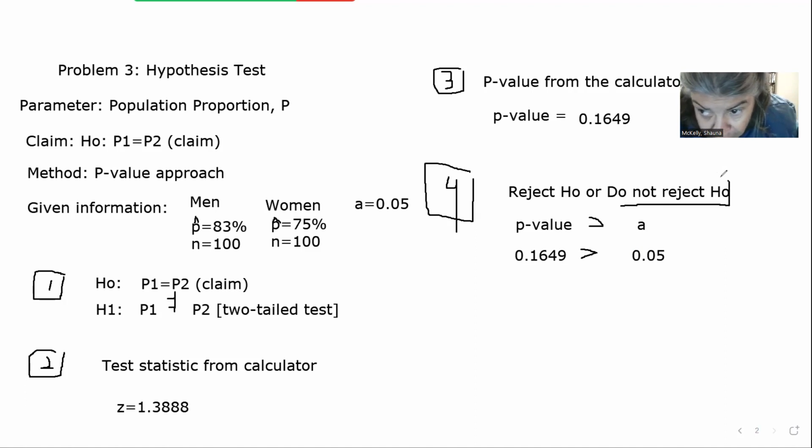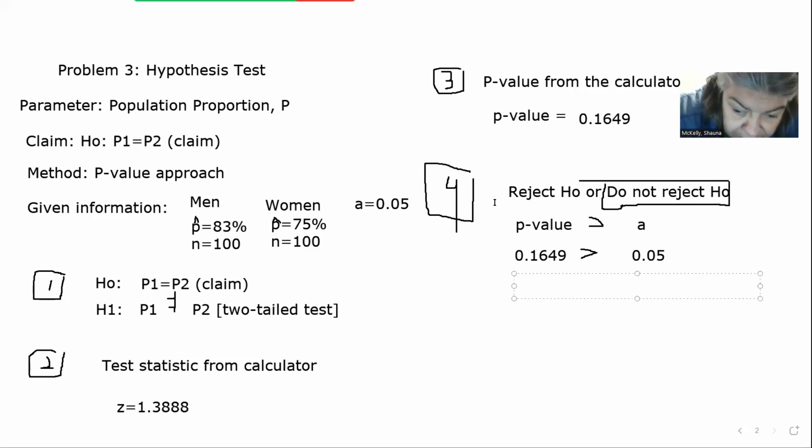It's when P is low, when P is smaller, that we reject the null. So we do not reject the null hypothesis here. And so you can write your justification.